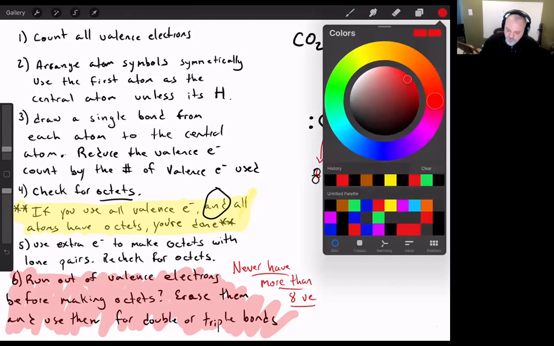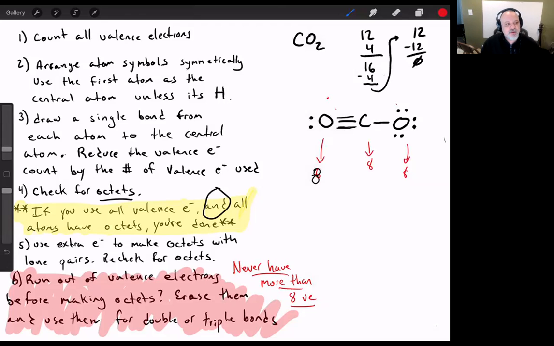But this is where the limitation is. This is an important part. There is another rule you can use to check whether this is okay, because just having an octet is not the end-all and be-all to being okay. There are more things to check, but in this course, we don't teach you those things.